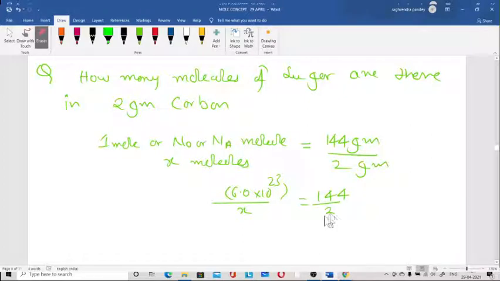Then you can calculate. It will be 72, then 12, so it will be 1 by 12 into 10 to the power 23 molecules of sugar.